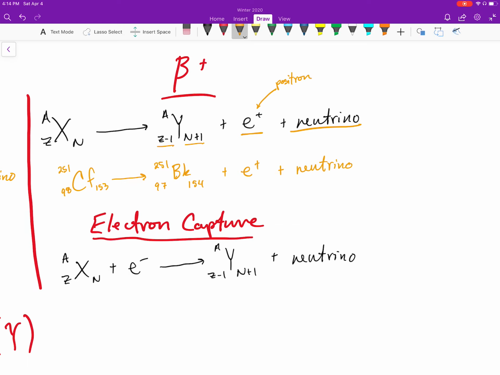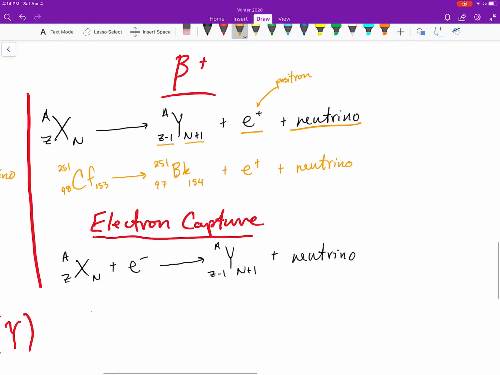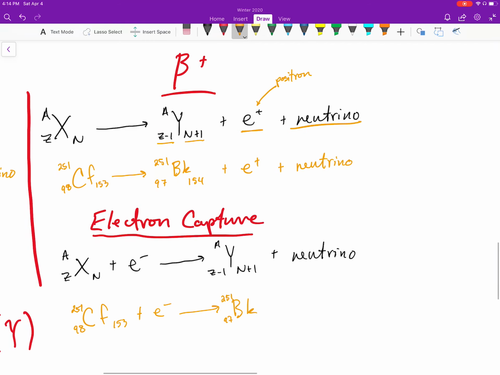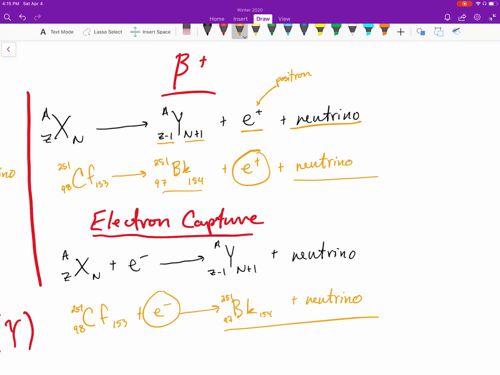So in this same example, you'd have californium 251, 98, 153, plus an electron, and that would still turn into Bk 251, 97, 154, and a neutrino. Do you see how that's the same result as this, except this is different here? That's the only difference with electron capture.